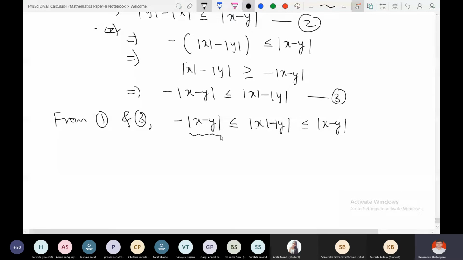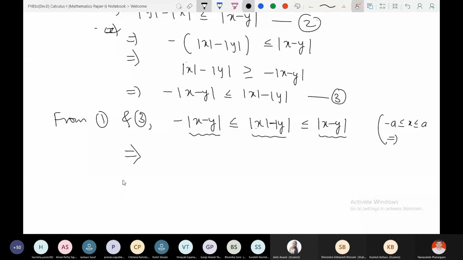Right, now what is the situation? Situation is some number a, some number here, and same number a here. So situation is like minus a less than or equal to x less than or equal to a. Similar situations, right? So what is the conclusion of this situation? I have a here, I have some number here, and a here, and minus a here.